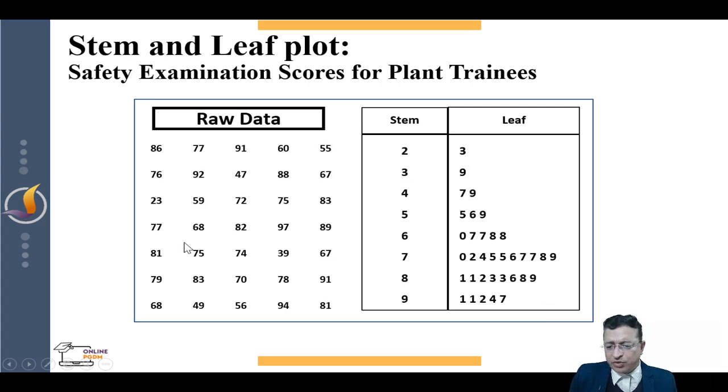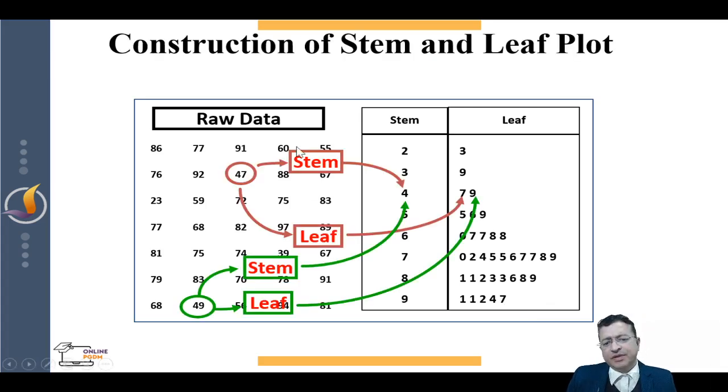Similarly, next observation was 39, so 3 in stem and 9 in leaf. So now this particular stem and leaf plot also shows some kind of distribution of the data, and you are also aware of exactly that observation. So this is the way we have created this stem and leaf.